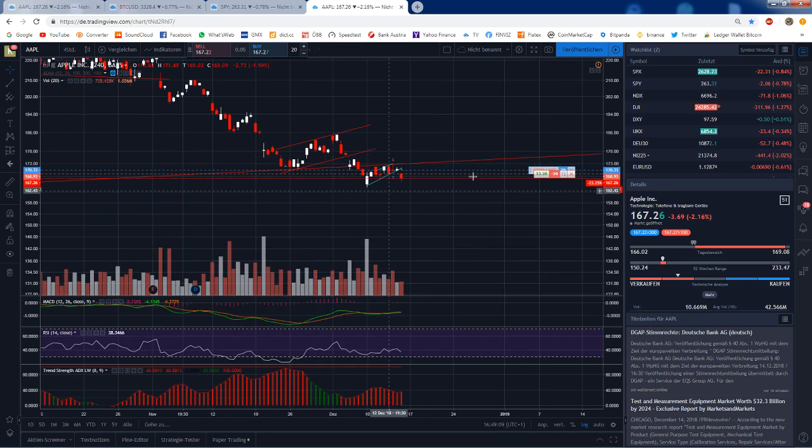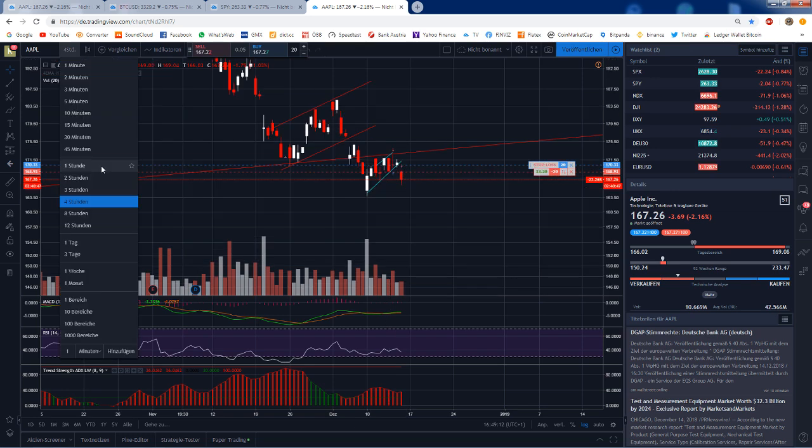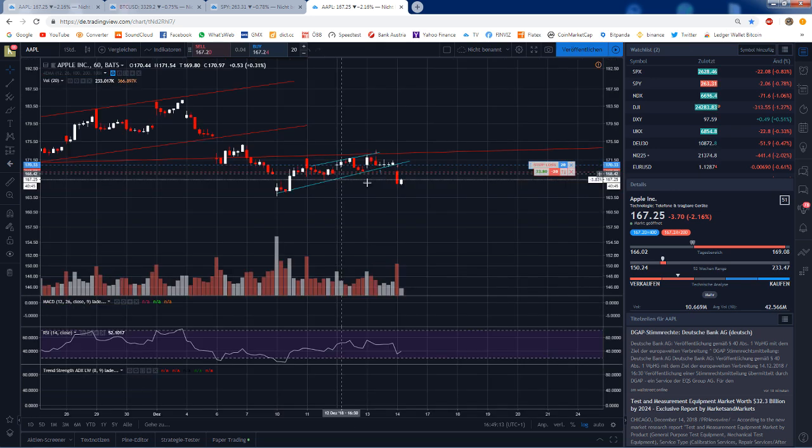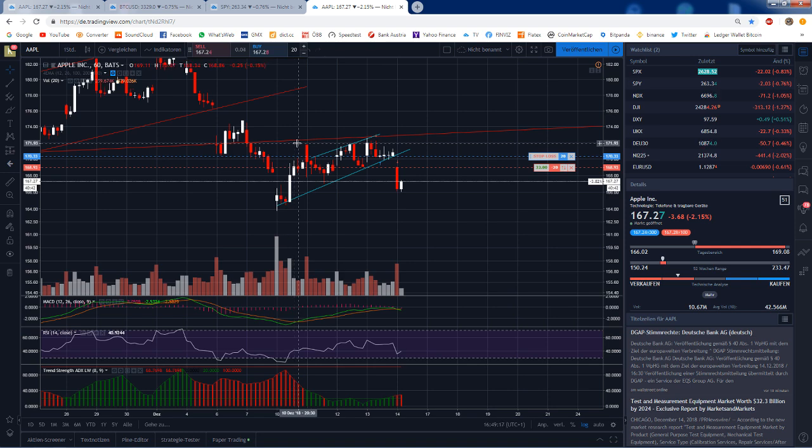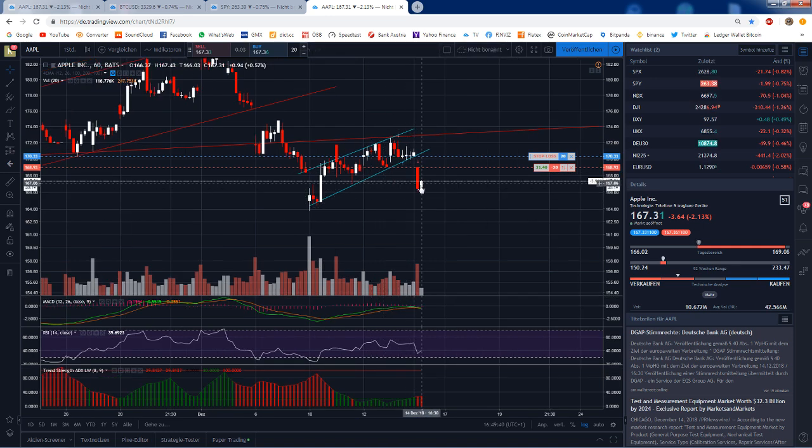We have here, and this channel just broke. It's been not too clear. You could say it's an ascending triangle, but this wick is just from the wick up in SPY, which happened on the 11th of December. So I don't see it as that valuable, because you can just extend this like here, right here, and have a very nice bear flag, which just broke.